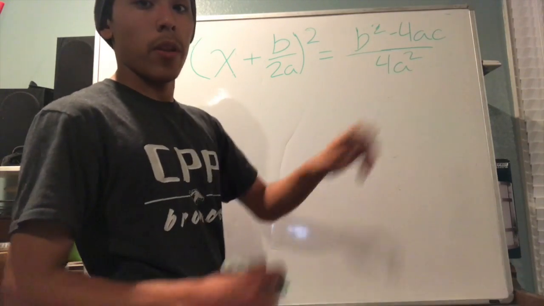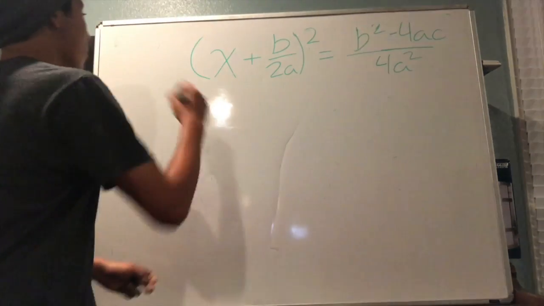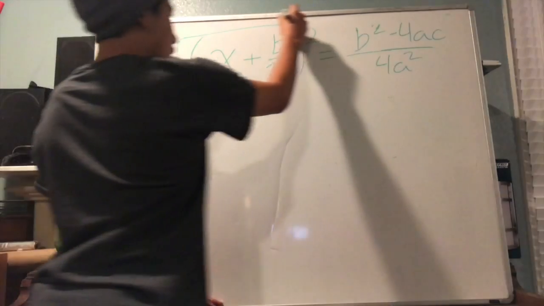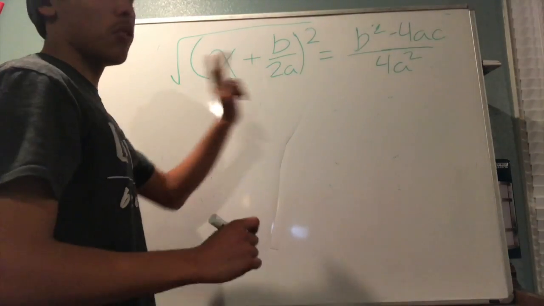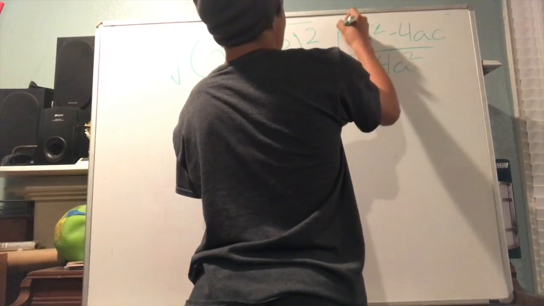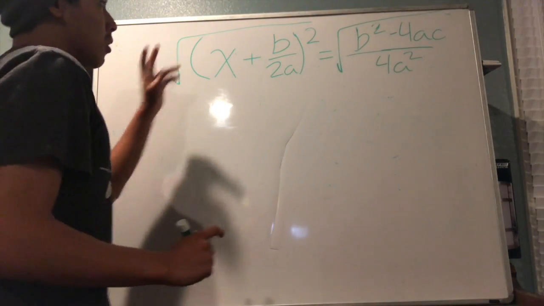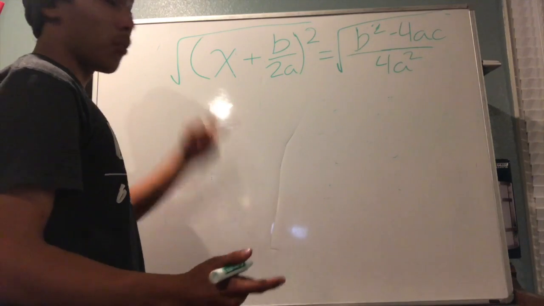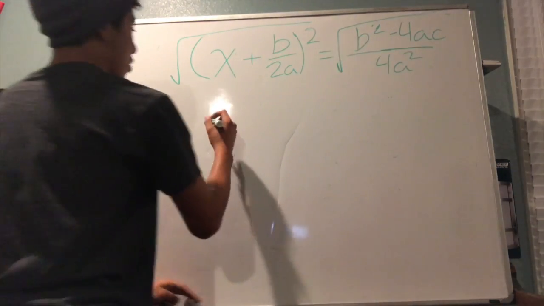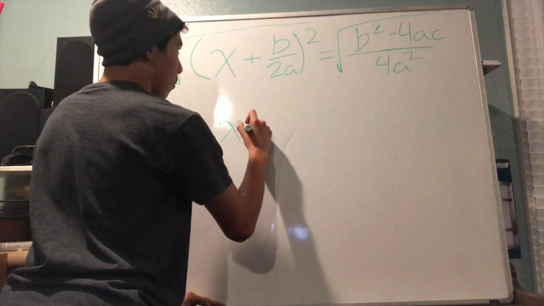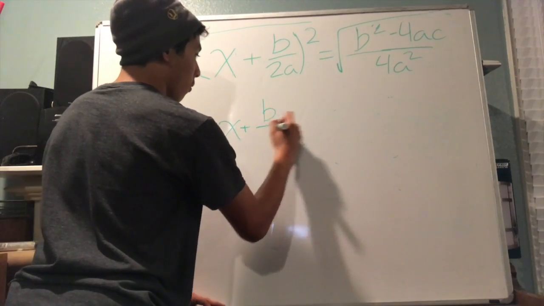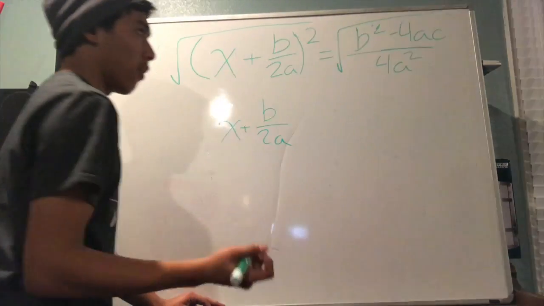So right now we have x plus b over 2a squared is equal to b squared minus 4ac all over 4a squared. So we can simplify this by taking the square root, and what we do to one side, we do to the other, so we get the square root of that too. So this is simple. x plus b over 2a squared, the square root of that, we just take out the square. So now we just have x plus b over 2a.